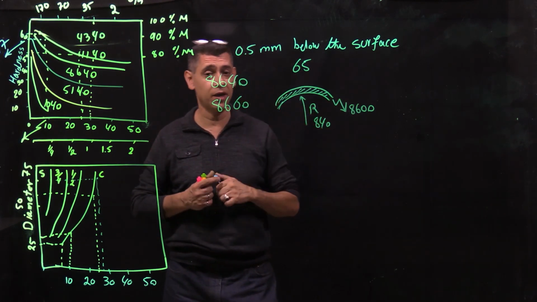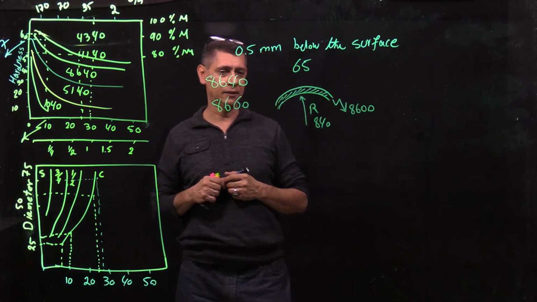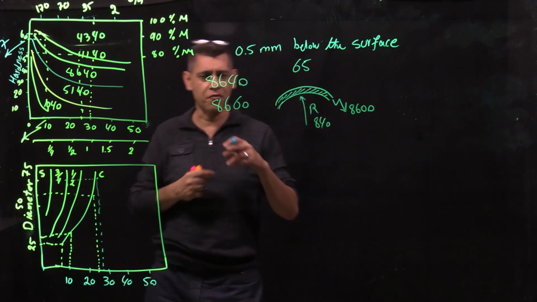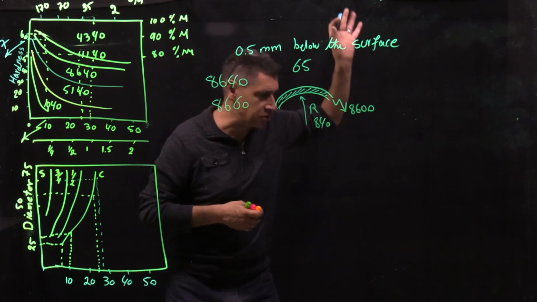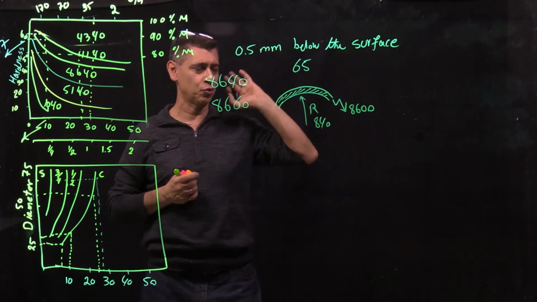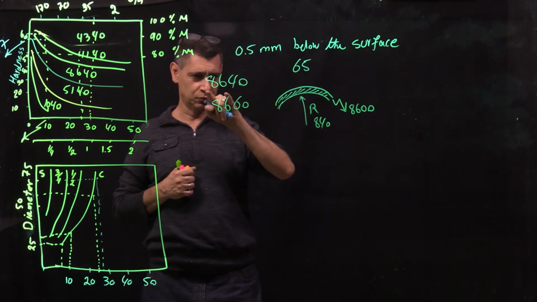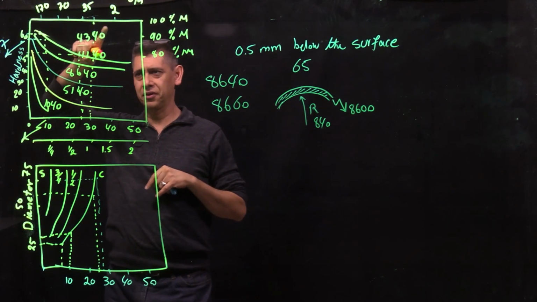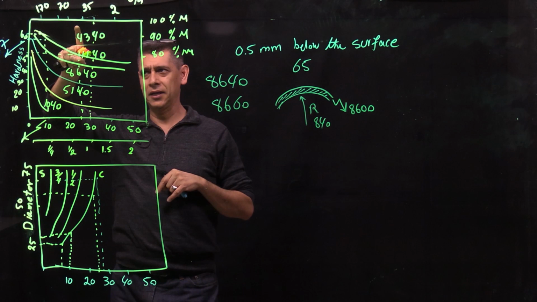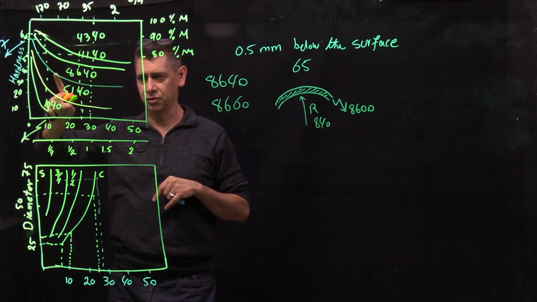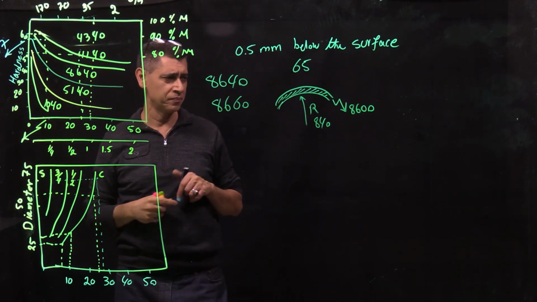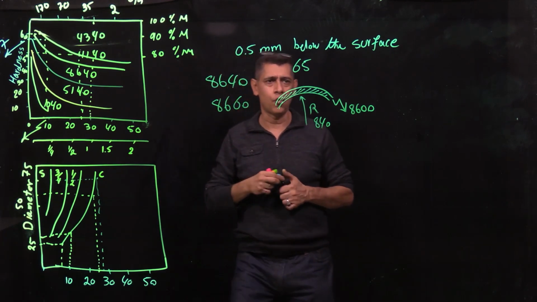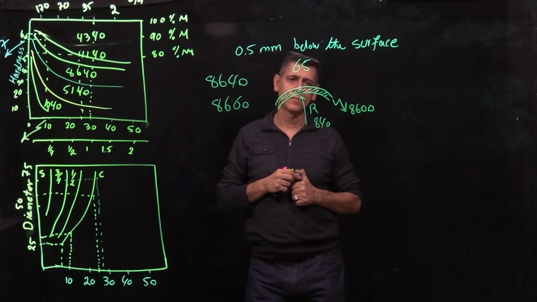There is a way to do it, and that is using diffusion. By the way, you don't go from 8640 to 4360. You cannot change the alloying elements. You only change the carbon content. So these first two digits are the same. I don't have the graph here, but it's similar to 8660, 40, 20, 10, and so on. So this becomes a typical candidate for diffusion.